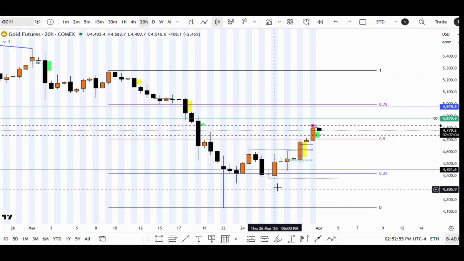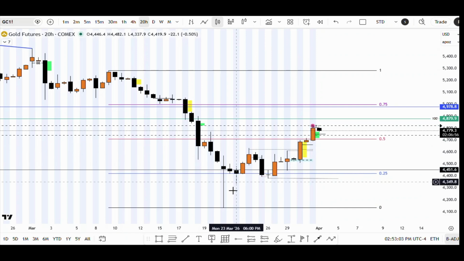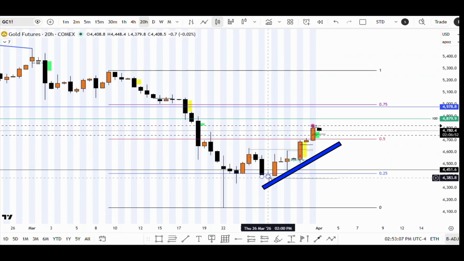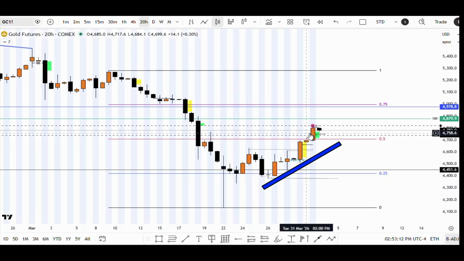So if you didn't take the entry here and price broke here, you know that this was correction. And this is just a delivery of this move. This point C to D is just the delivery of point A to B.